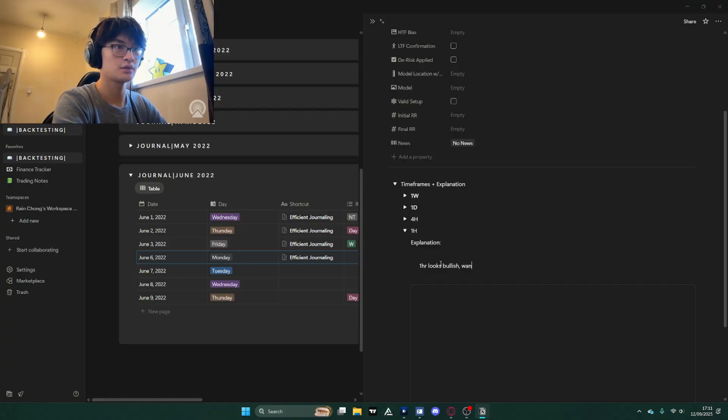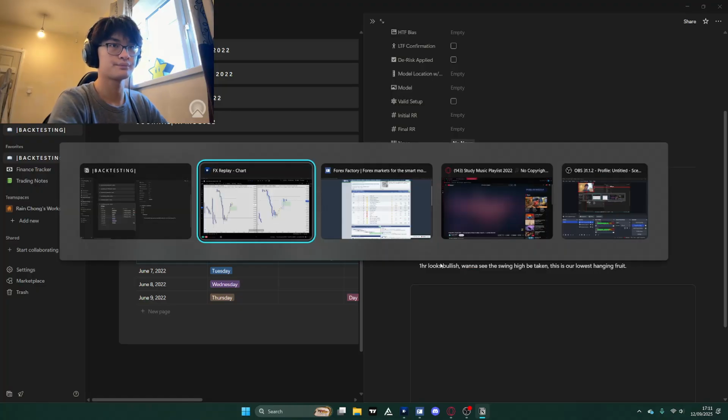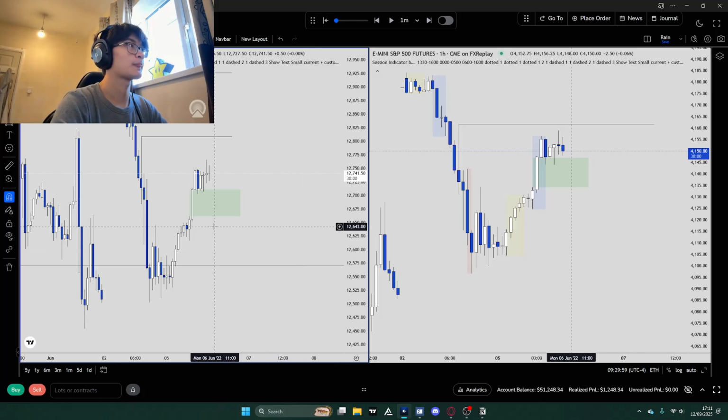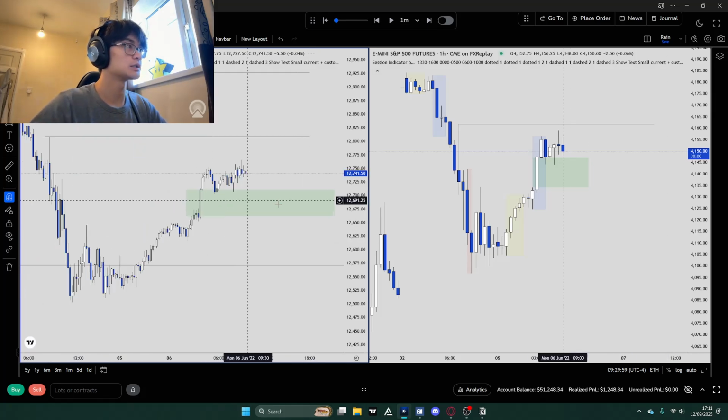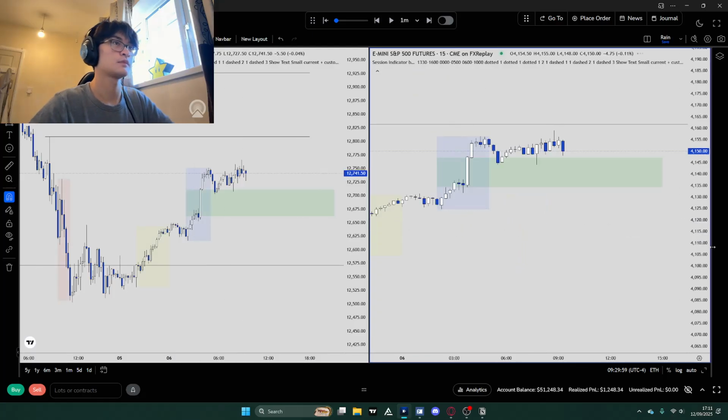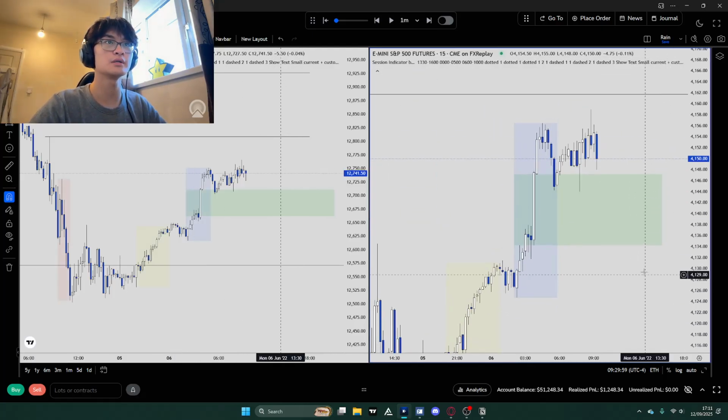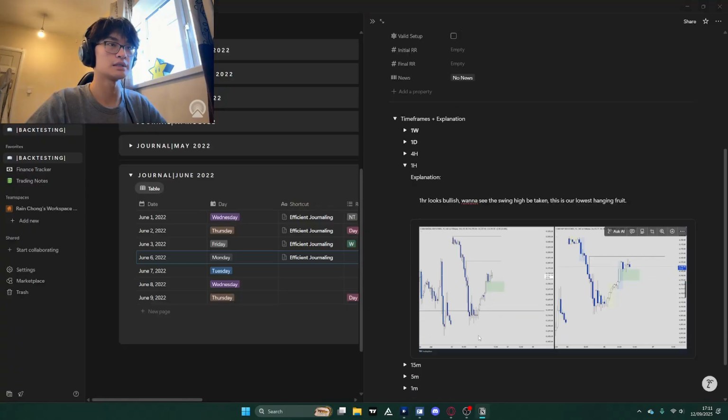Bullish. Wanna see the high, swing high taken. This is our lowest group. And now let's go for 15. Nothing much on the 15. I'm not really gonna annotate it that much.